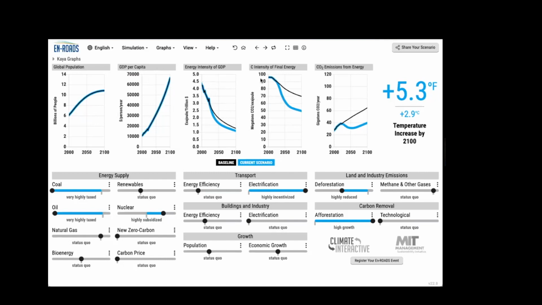And then there is the carbon intensity of the final energy, and that gets you to the CO2 emissions from energy. Even here you can see the energy intensity of the GDP, even the baseline is going down pretty far, and the carbon intensity is going down far, but we've still got a pretty high temperature that we'd reach by the end of the century. So we need to figure out what more to do on this.